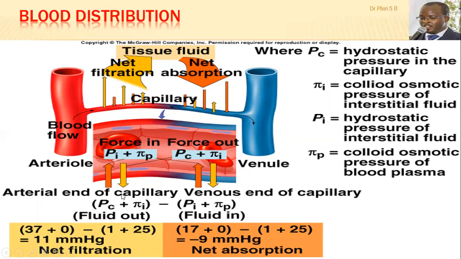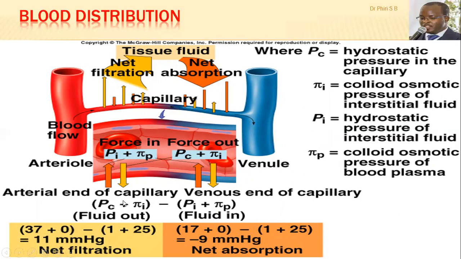So if you add the forces that are facilitating the movement of fluids to the interstitial fluid, minus the forces that are facilitating the movement of the fluids from the interstitial into the capillaries, then you have the net pressure. The net pressure will be equal to the hydrostatic pressure within the capillaries plus the oncotic pressure within the interstitial fluid.